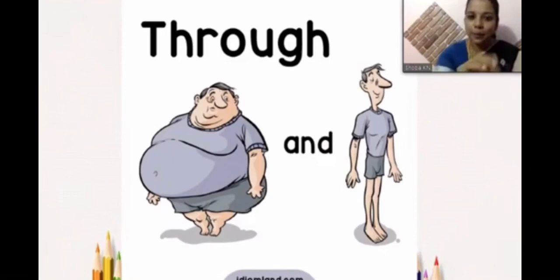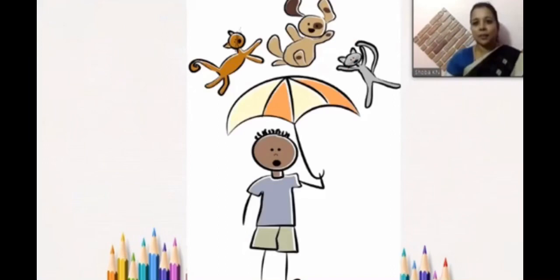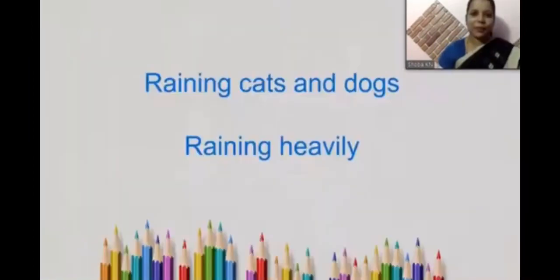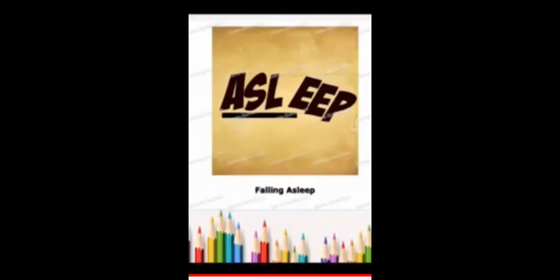This picture shows an idiom, which is through thick and thin. Here are example sentences for this idiom: we have been together through thick and thin, and we won't leave each other now. This is another idiom: raining cats and dogs, meaning raining heavily. This is another phrase, asleep.